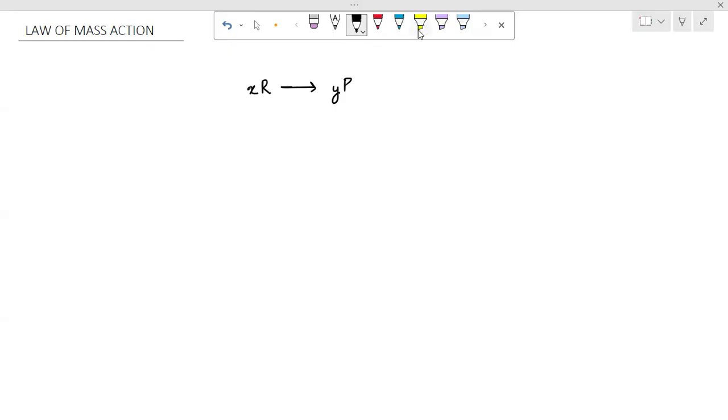So we did see that these x and y's are something called stoichiometric coefficients, which we discussed yesterday. And there are three terminologies that we should know, right?